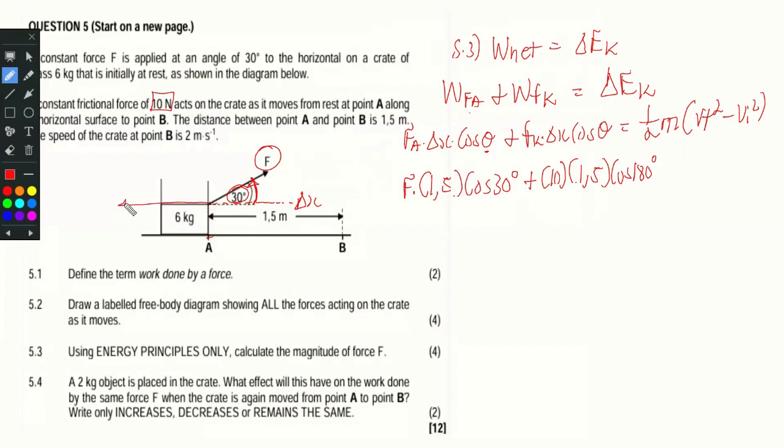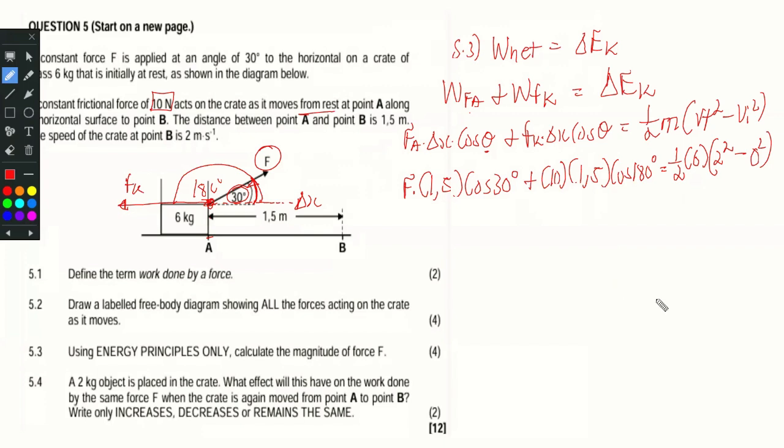So the angle between the displacement and Fk is exactly 180 degrees. So this is equal to half, the mass is 6. Final velocity, they said, is 2 meters per second. And then it was from rest, right? So 0, and then square.